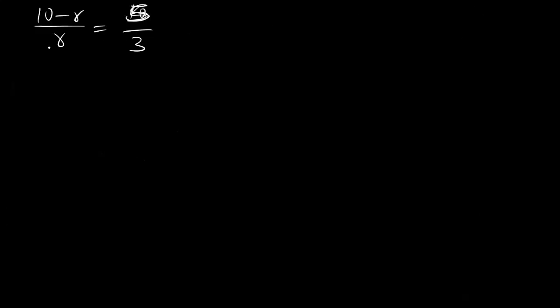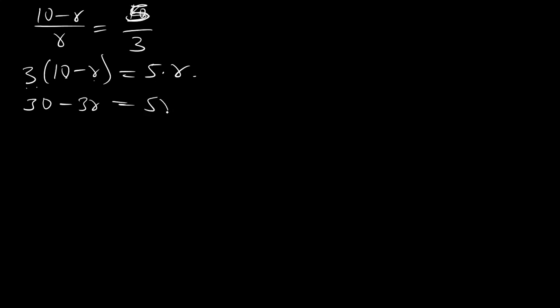Now let's cross multiply. You now say 3 times (10 minus R) is equal to 5 times R. So 3 times 10 is 30, 3 times R is minus 3R. This is 5R. Now if I move this to the other side, I will now have 8R equal to 30.